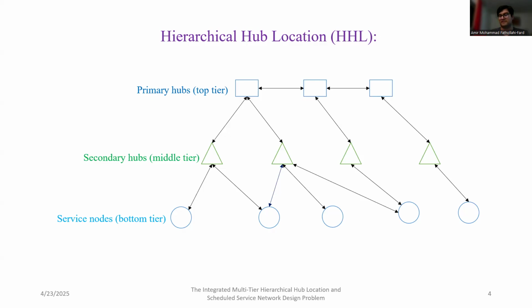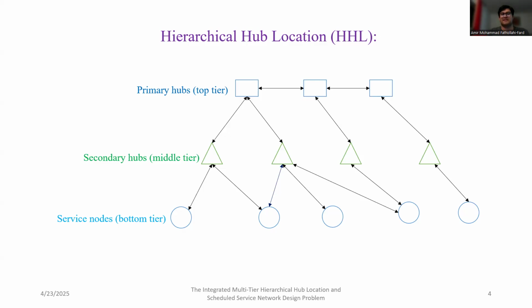We know what the service nodes are, which are fixed, and we want to facilitate the movement of demands from different origins to destinations which are in different zones. For example, a service node can be a customer from a very small city in Quebec province. It is the origin, and the destination would be another city in Alberta.